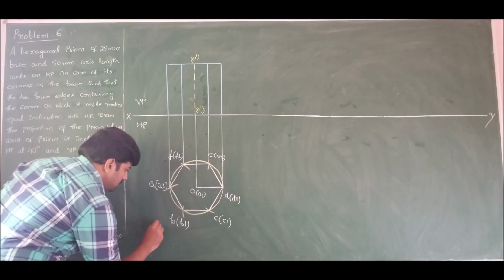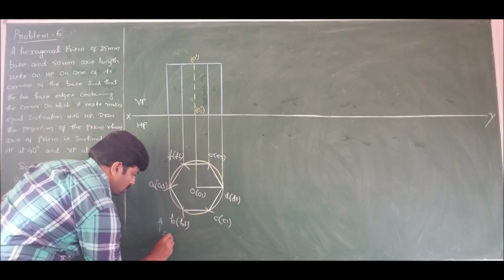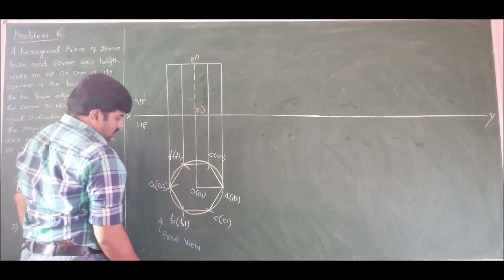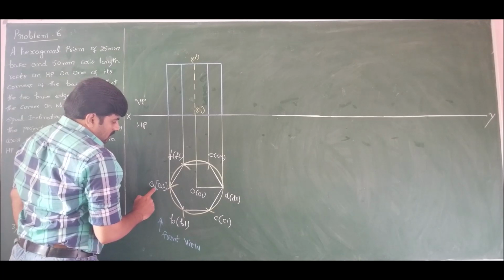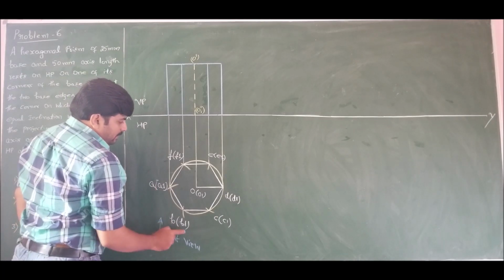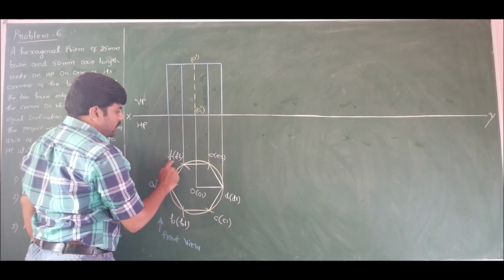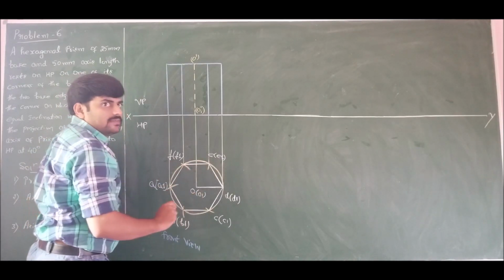In the front view, the observer will be here. For the observer, you can view corners AA1, BB1, CC1 and DD1, whereas the corners FF1 and EE1 are invisible.